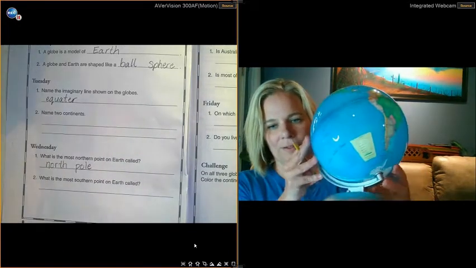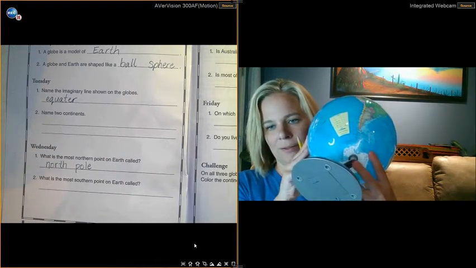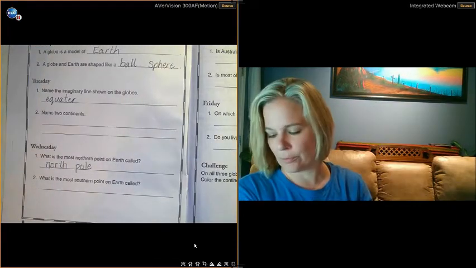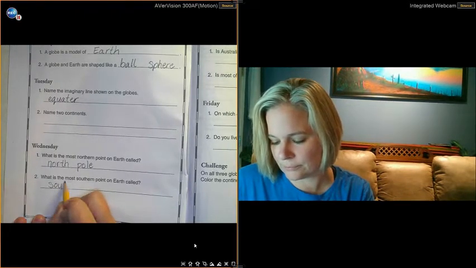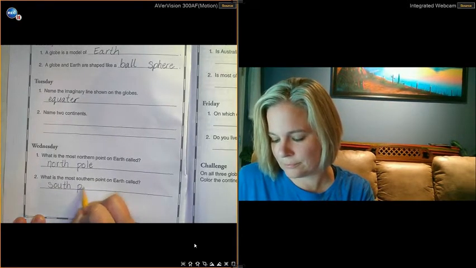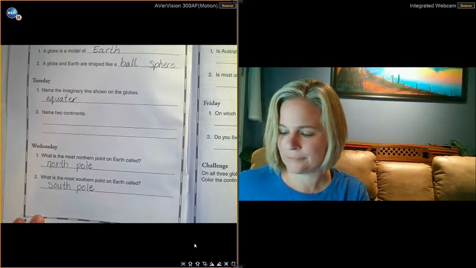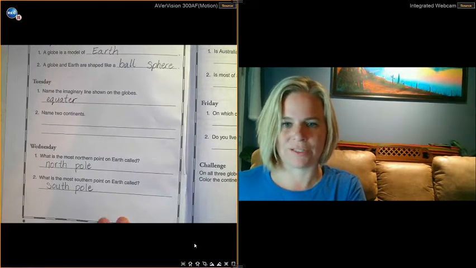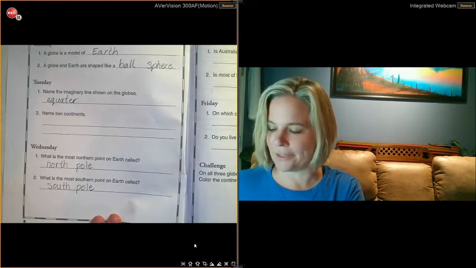Down there in Antarctica. That one is the South Pole. Okay, you can get those written in. If you ever need to pause the video to have a little bit more time to write, feel free to do that.